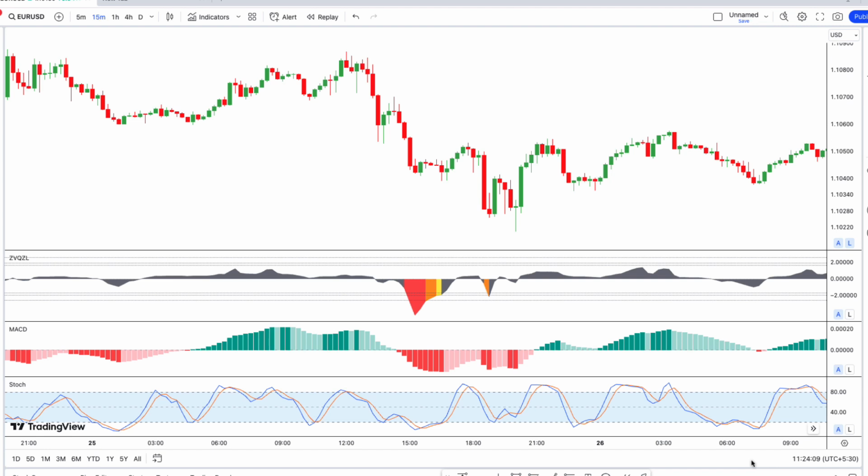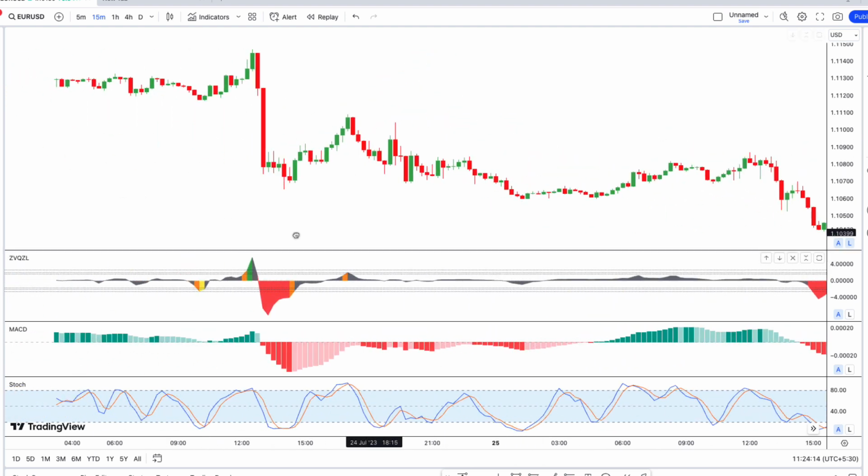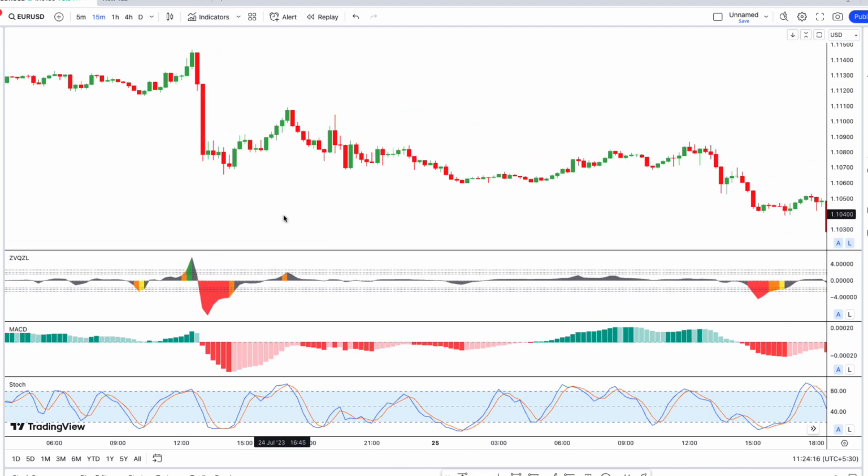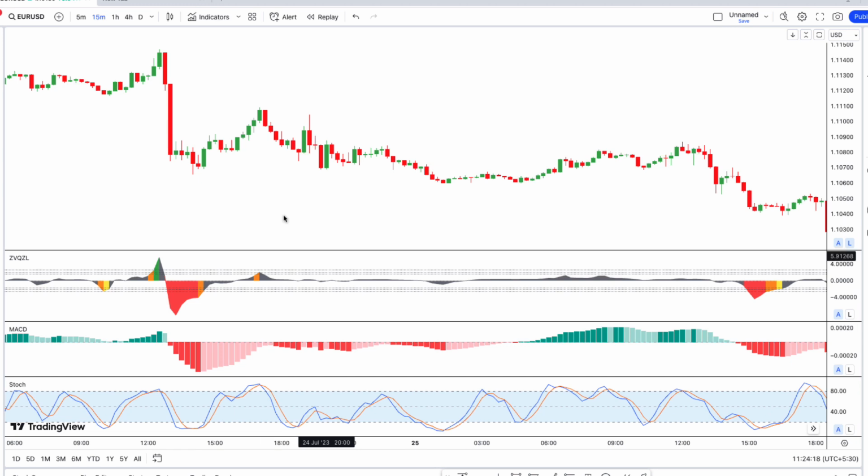For example, when I zoom out here, you can clearly see that the market started declining around here and the overall trend is down. And this flat market, which this indicator is also showing, was just a consolidation period during this downtrend. And when we got a break of this range market, which this indicator is also showing as increased volatility, we can say that the market is out of the range.